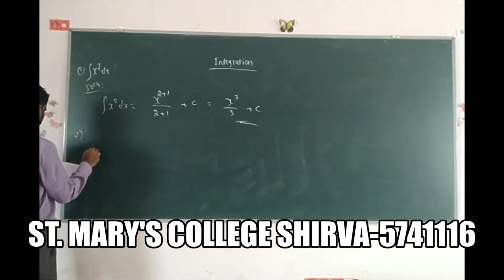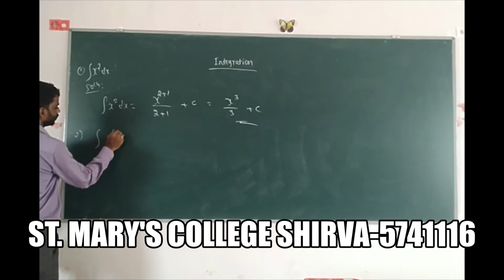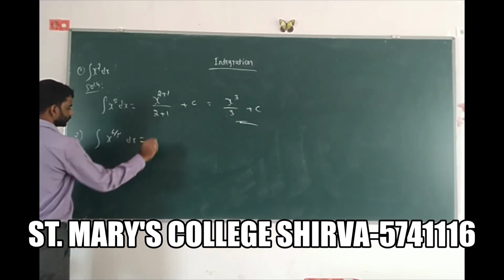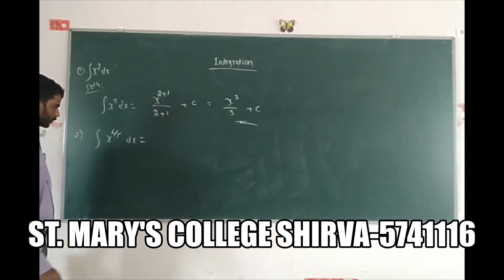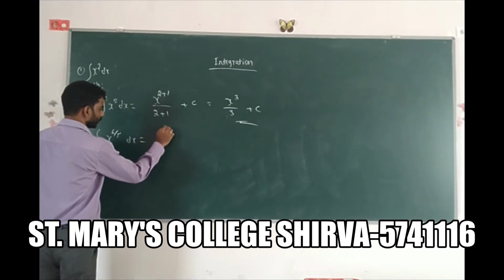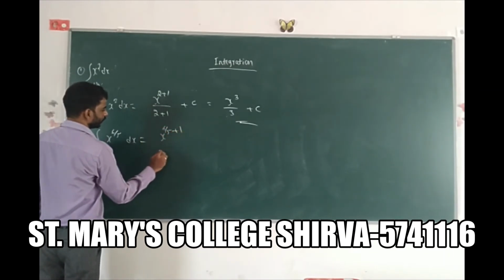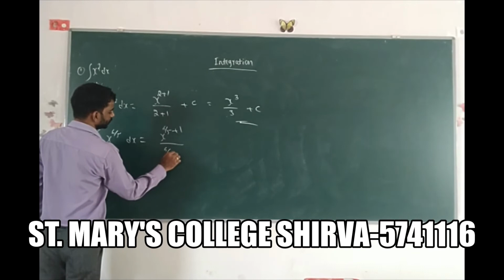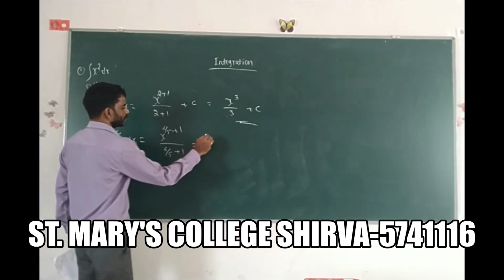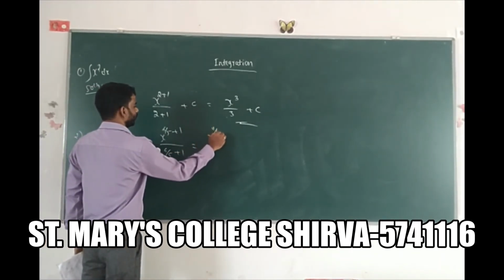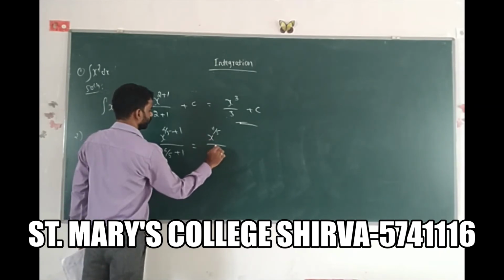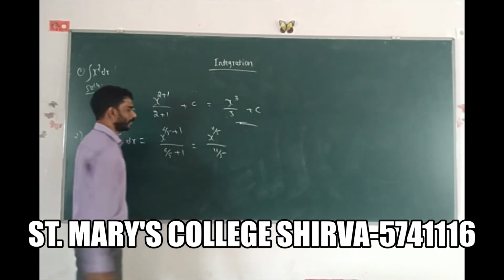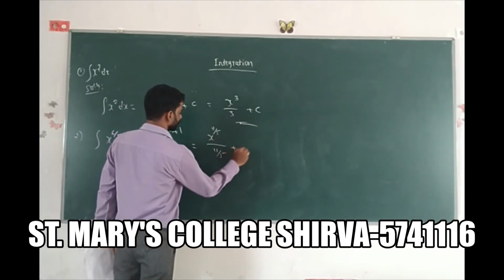Next problem, integration of x power 6 by 5 dx. Same rule: x power 6 by 5 plus 1 divided by 6 by 5 plus 1, which is 11 by 5, plus c.